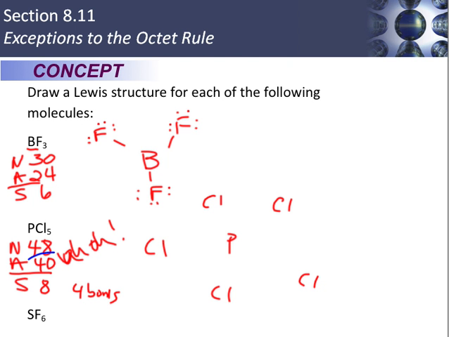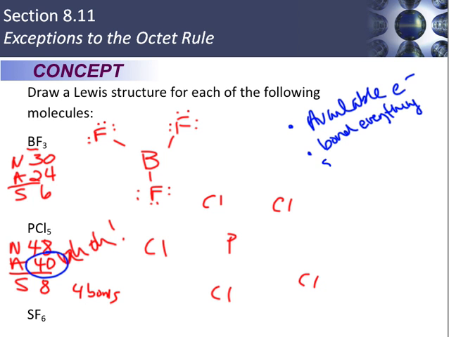When you see an exception, all you do is you take your available electrons. That's how many you have, right? And that's the number you look at. Then you're going to bond everything singly to the central atom. And you need to be counting while you're doing that because that's 2 electrons per bond.